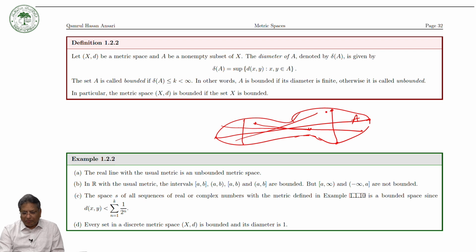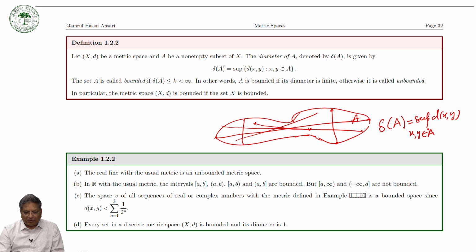The supremum of such distances is called the diameter of A, and it is denoted by delta of A, which is equal to the supremum of d(x, y), where x, y are in A. So this way we can define the diameter of a set A.